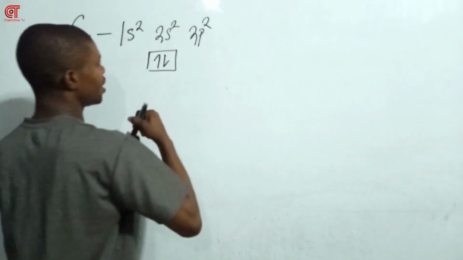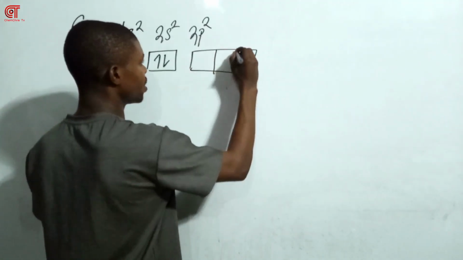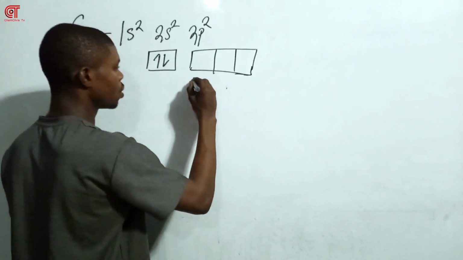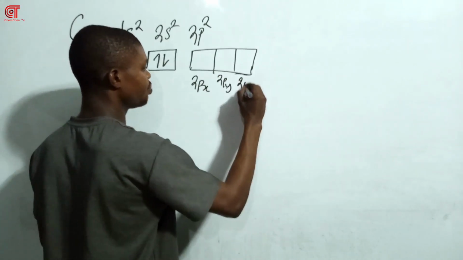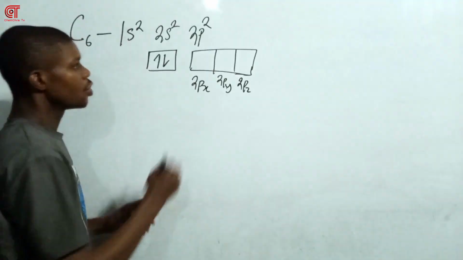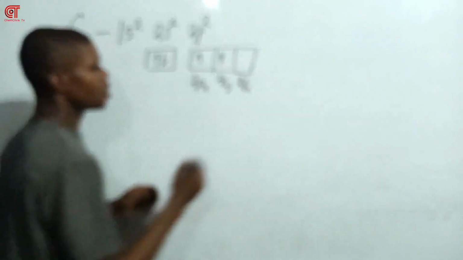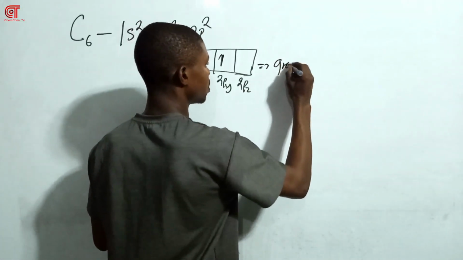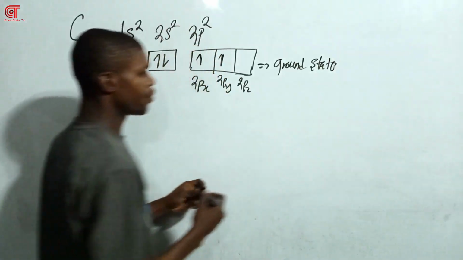Then for the p, remember p has three suborbitals: 2px, 2py, and 2pz. So this one has 1, 2. This is called the ground state configuration.